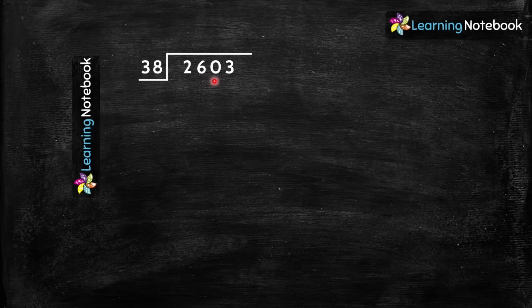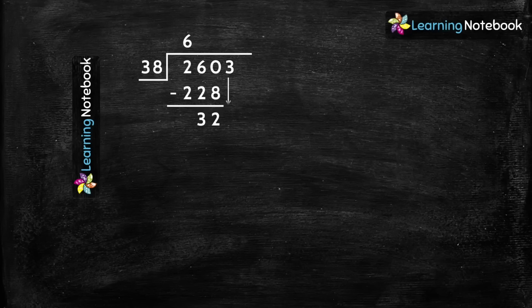The number formed is 260. So let's divide 260 by 38. 38 into 6 equals 228 and 260 minus 228 equals 32.